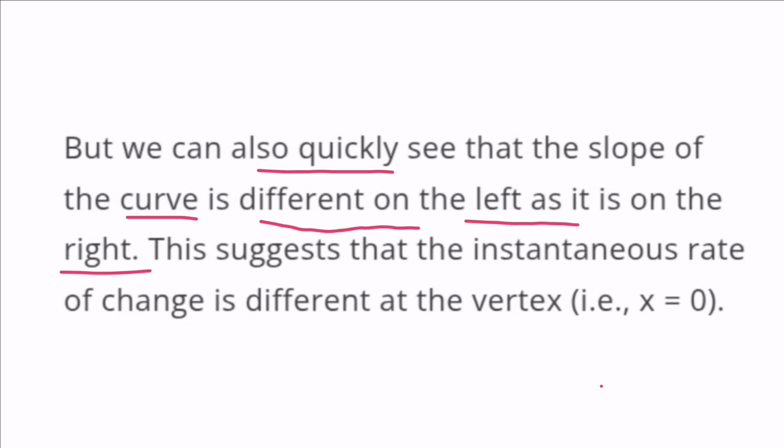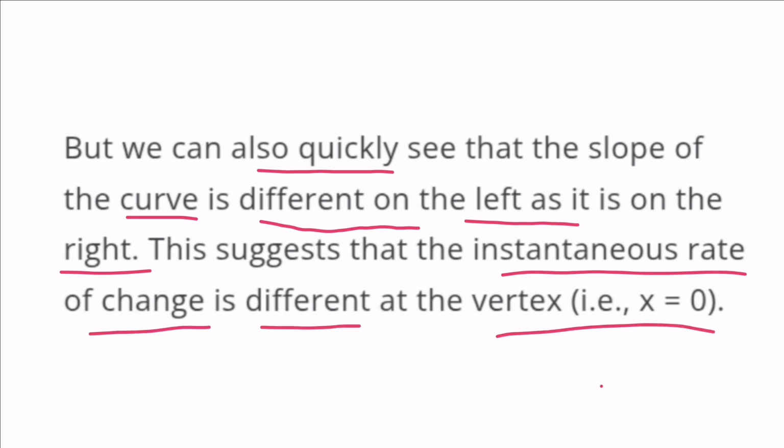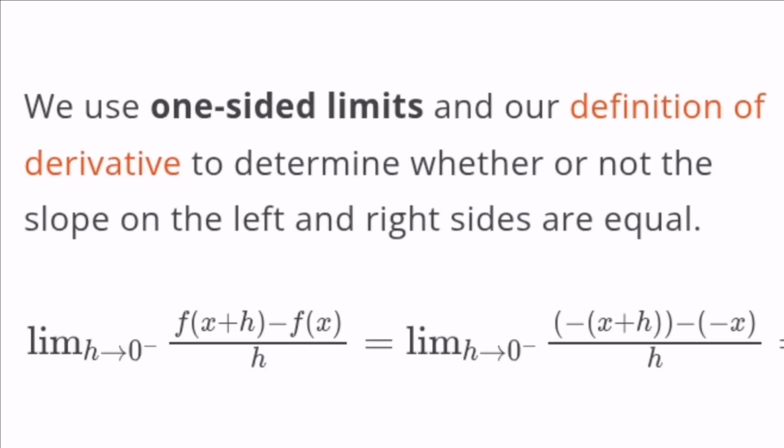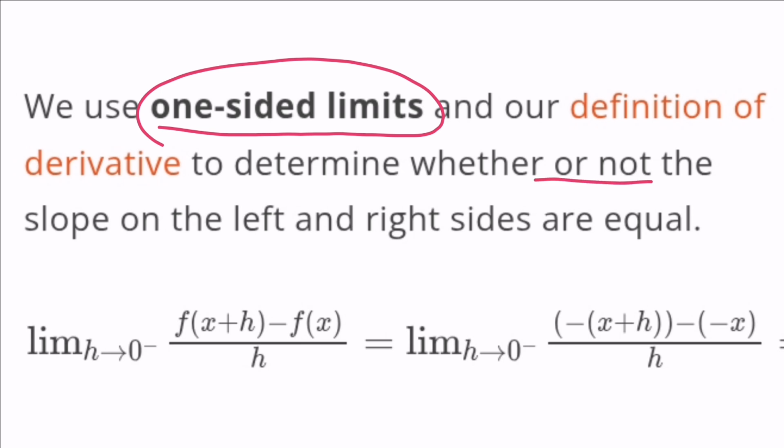This suggests that the instantaneous rate of change is different at the vertex point x equal to 0. We use one-sided limits in our definition of derivative to determine whether or not the slope on the left and right side are equal.